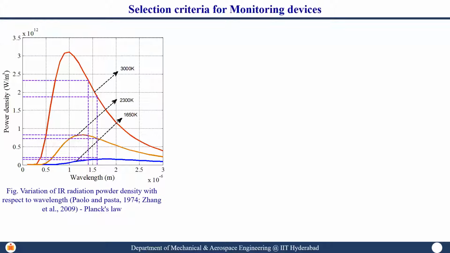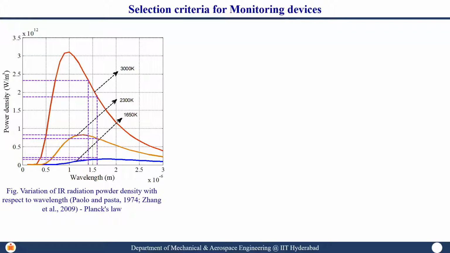Now, is it so easy? No, because when you want to monitor this molten pool thermal history, especially in laser processes, do remember our cooling rates are of the order of 10 to the power of 3 to 10 to the power of 6. That is what my second slide says. Now, why was that kept? Because your thermocouple will not work in this case.